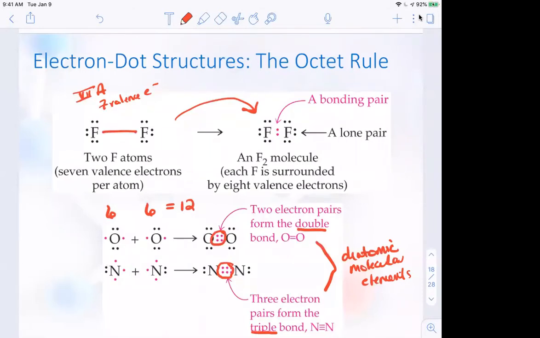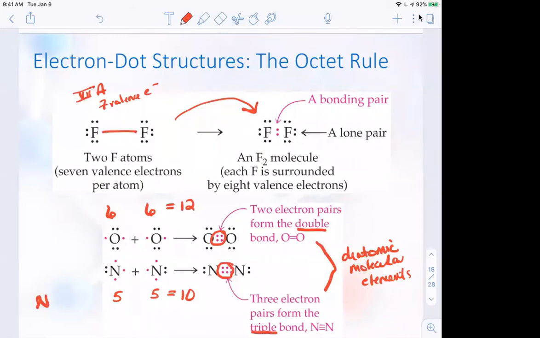Same thing with nitrogen. I have 5 electrons and 5 electrons. That equals 10 valence electrons. I have no other choice. I can't add or subtract electrons to make this work. In order to give each nitrogen an octet, I end up with a triple bond where I have 6 electrons actually shared between these nitrogens.